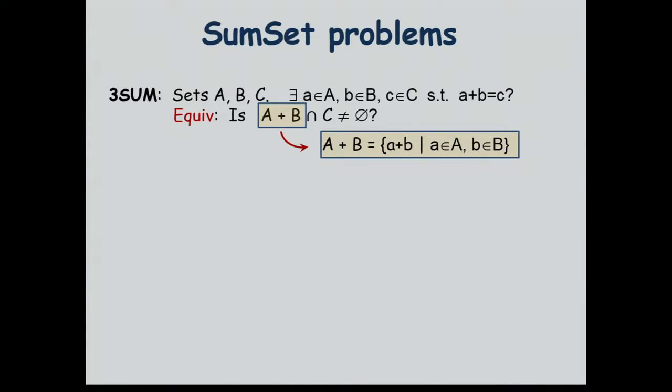In other words, you're looking at A plus B as the Cartesian addition, the addition of all the elements of A and B.